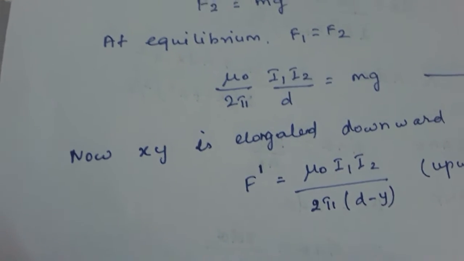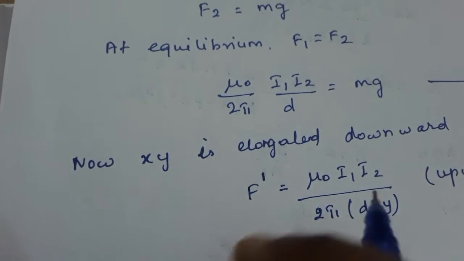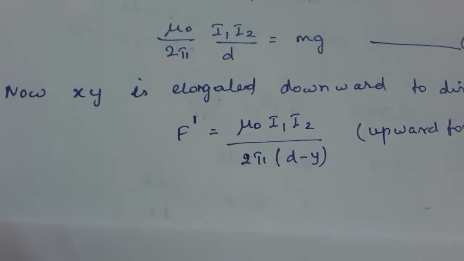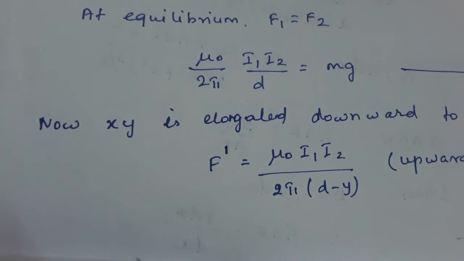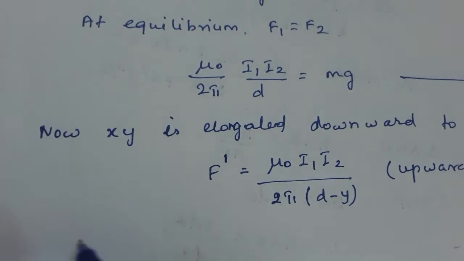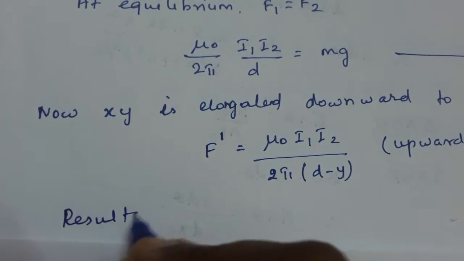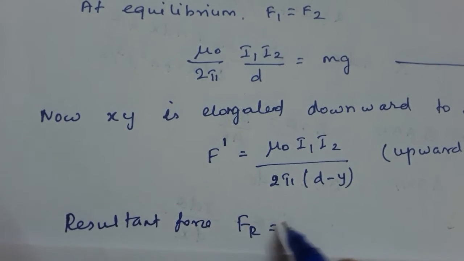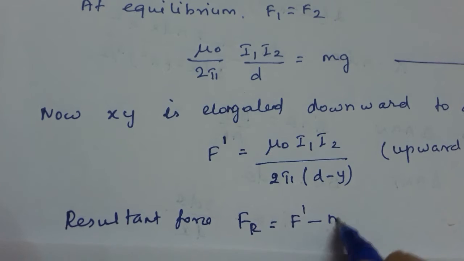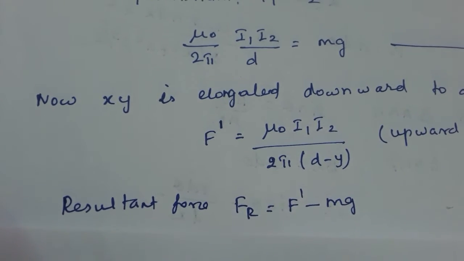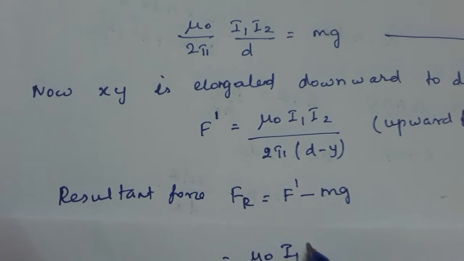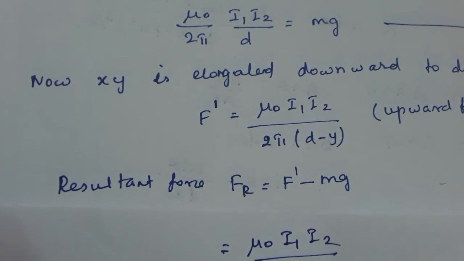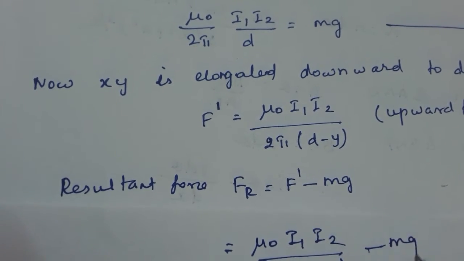The downward force is mg only. So what is the resultant force? The resultant force Fr is equal to F dash minus mg. So this can be written as mu 0 I1 I2 by 2 pi into D minus y, minus mg.